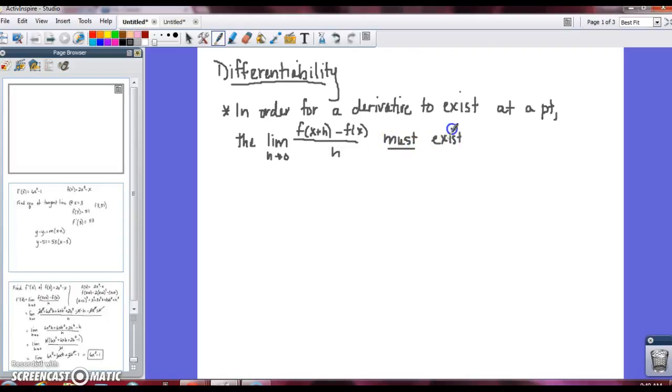Can't take the derivative of something if you don't have a slope there.